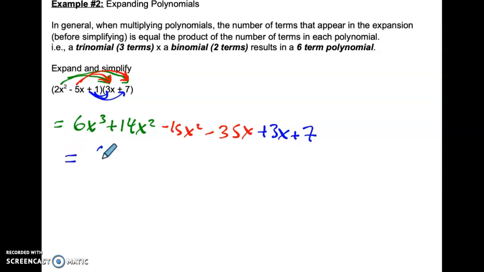And collecting our like terms here, we would get negative x squared, negative 32x plus 7. Okay. So whenever you're multiplying polynomials together, all you're going to do is take the first bracket and multiply everything in the first bracket by everything in the second bracket.